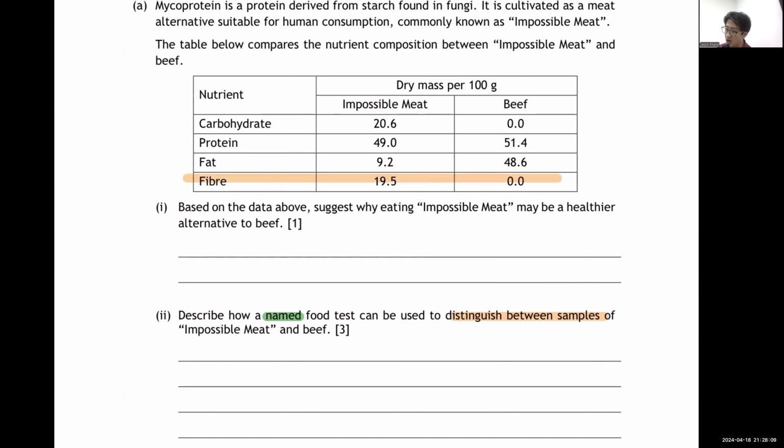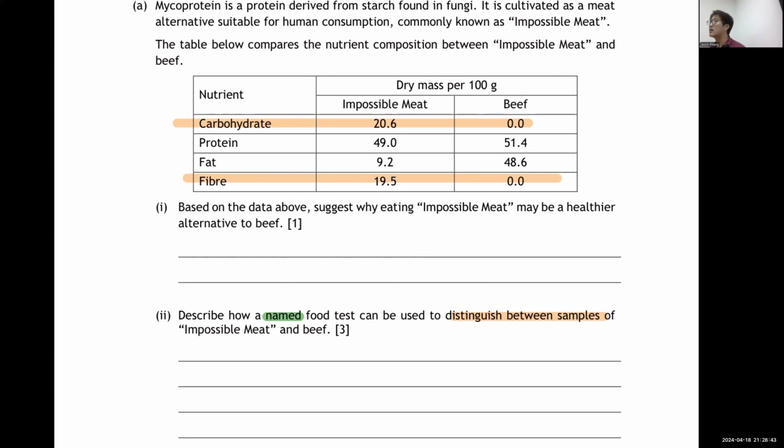You're going to go straight up to fiber, or then how? You cannot test for fiber, right? Then how can we test for carbohydrates? Of the four, you can choose either Benedict's or iodine. So your first line, you must take both have protein.